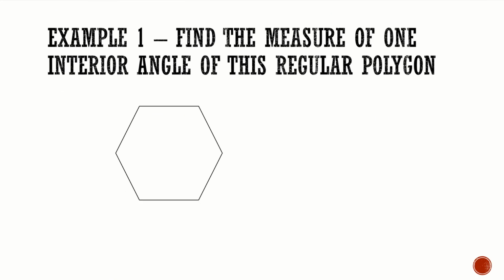Okay, so let's put this to practice with an example. We're going to find the measure of one interior angle of this regular polygon. So how are we going to do that? Well, first of all, we have to determine what type of polygon this is, right? So how many sides does this thing have? 1, 2, 3, 4, 5, and 6. It has 6 sides, okay? And we need to figure out the sum of those interior angles.